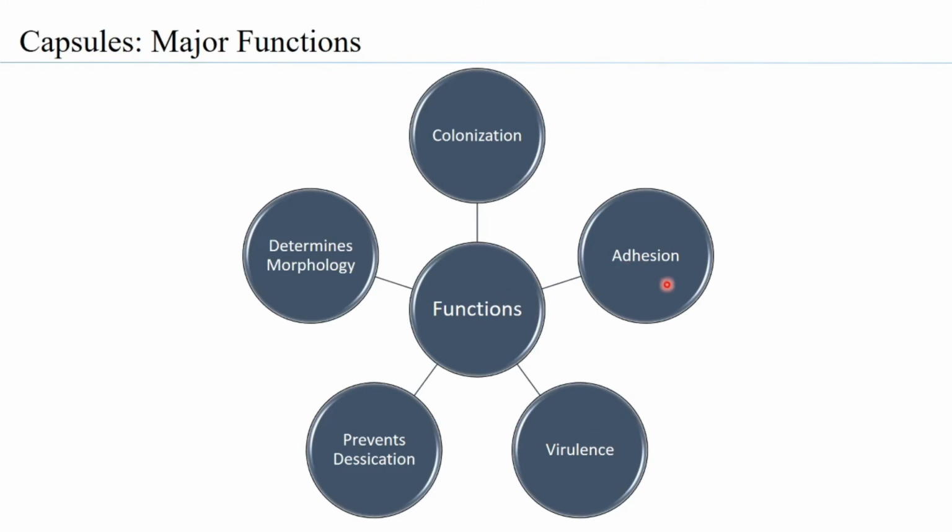Now, one of the functions that the capsule has is that of adhesion. Say, for example, you have a bacteria that has a capsule containing hyaluronic acid. Hyaluronic acid, as a capsule constituent, is able to bind to a specific receptor on pharyngeal tissues.